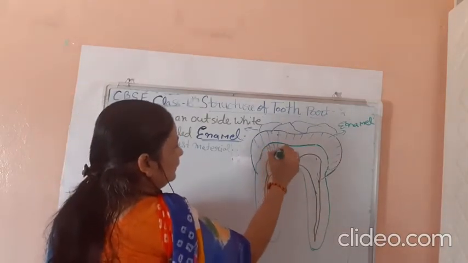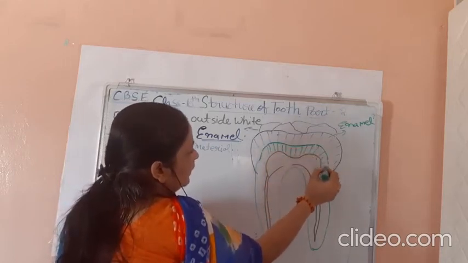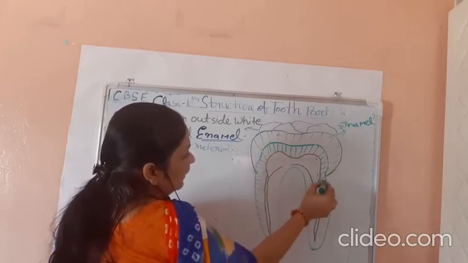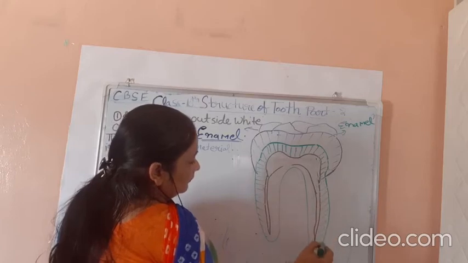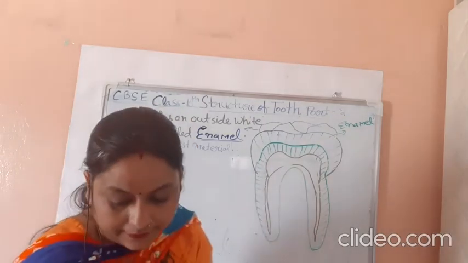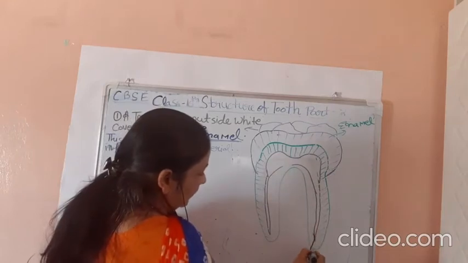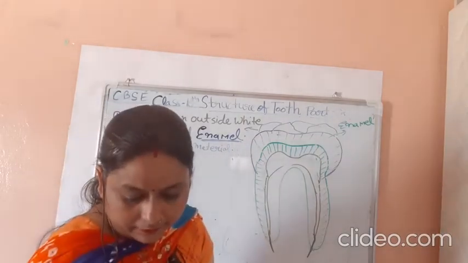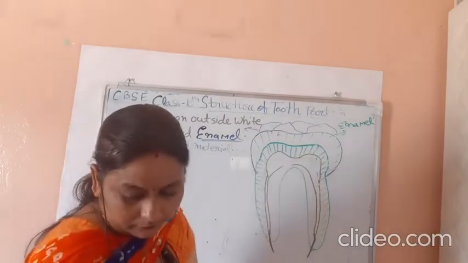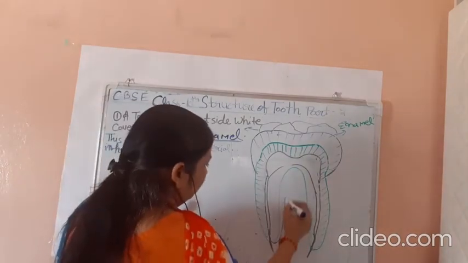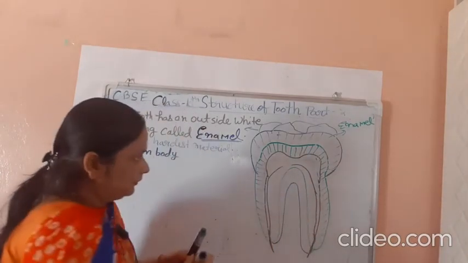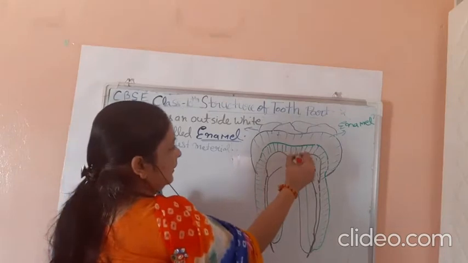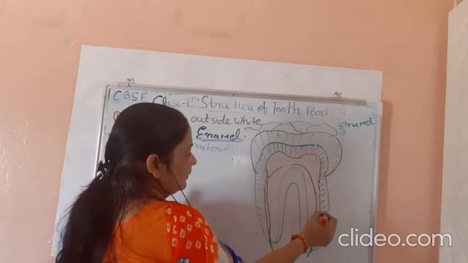This is the dentine, present inside the enamel. This is a nerve cell. The green part you can see on your screen, and the red covering.